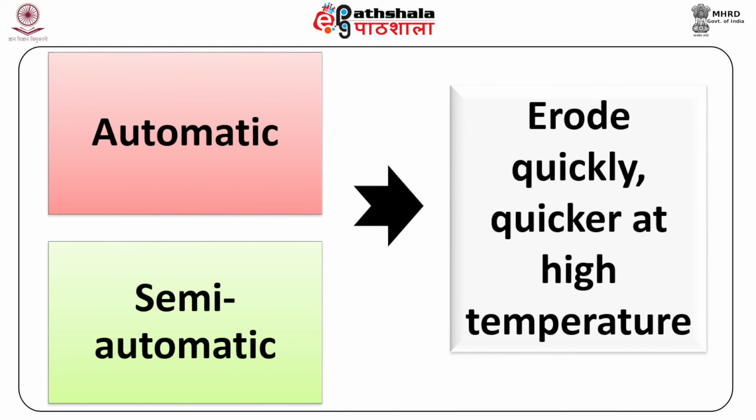The repeating firearms, that is, automatic or semi-automatic, are eroded more quickly. In these, the barrels do not get sufficient time between the shots to cool. The erosion at higher temperatures is greater. The use of nitroglycerin powders, which result in higher temperatures, wears out the barrel more quickly.